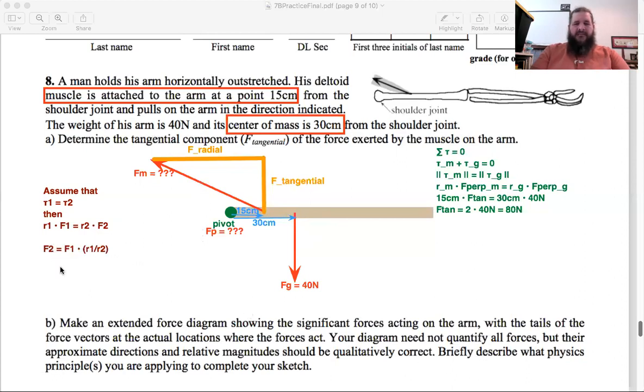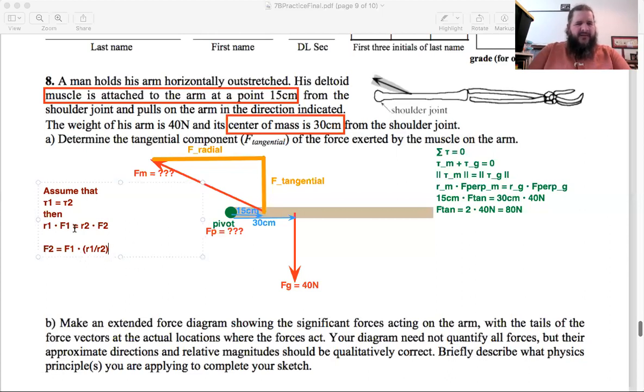Just as a hypothetical, if the only two forces acting on this were the FM pointing in that direction, and then another force with the same unknown angle and an opposite magnitude, and we knew what that magnitude was, could we then use the same thing? Because the distance is half.